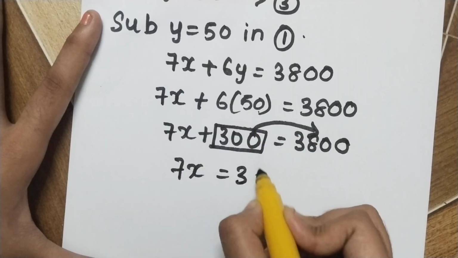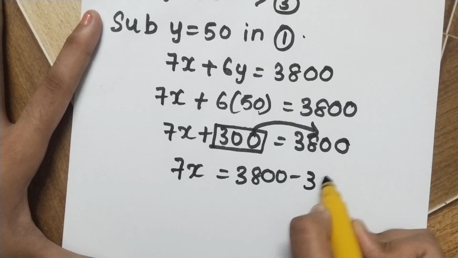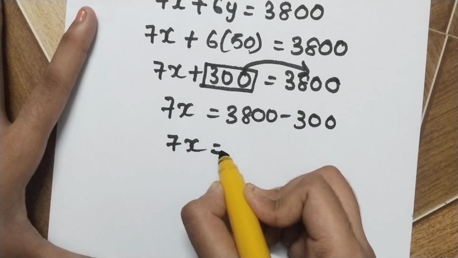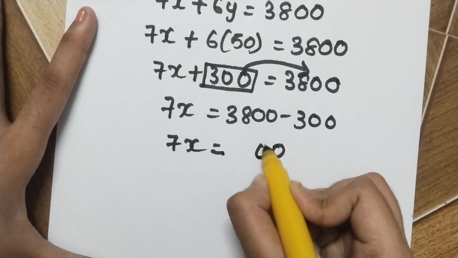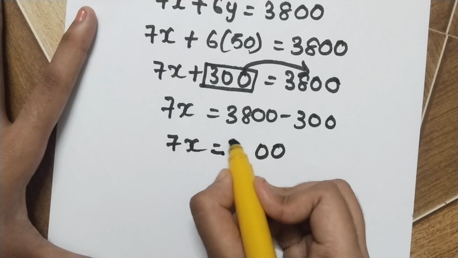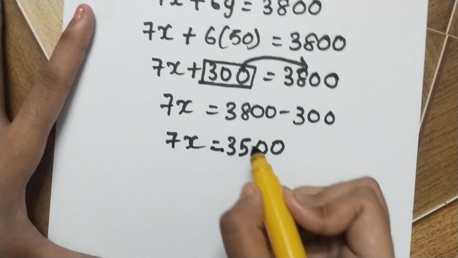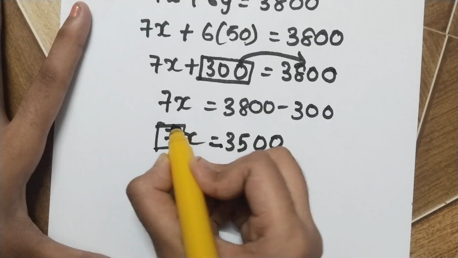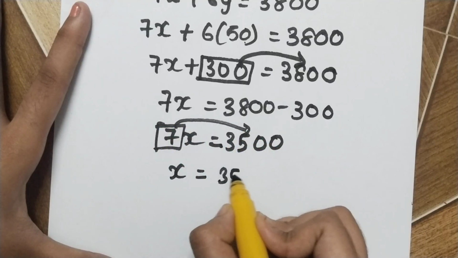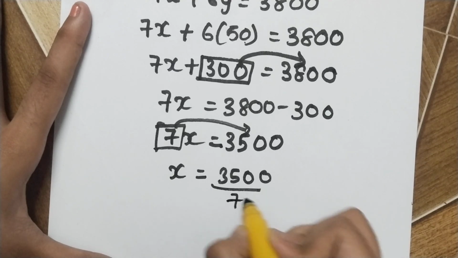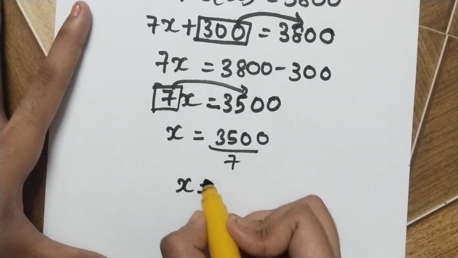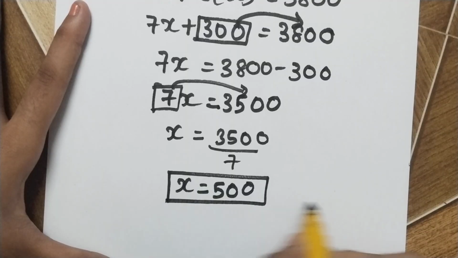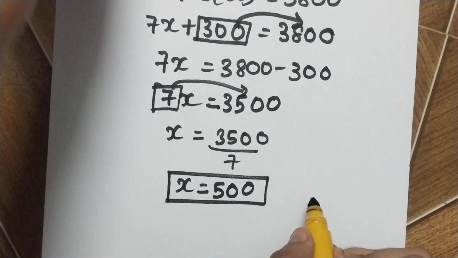So 7x is equal to 3800 minus 300. So 7x is equal to, if I subtract, I'll be getting 3500. So I want only my x value. So shift this 7 here. So we'll be getting x is equal to 500. Okay.